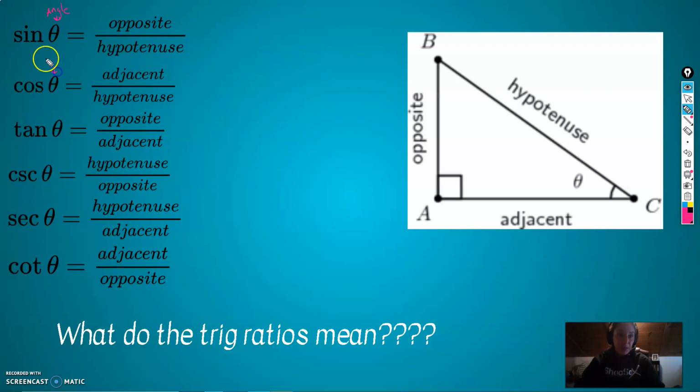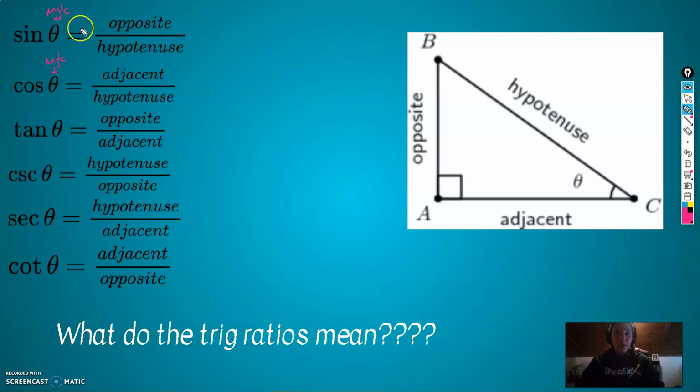Same thing for cosine, tangent, cosecant, secant, and cotangent. The input is an angle. This is really important when we go to inverse functions. These trig functions, we're going to input angles and we're going to output ratios.